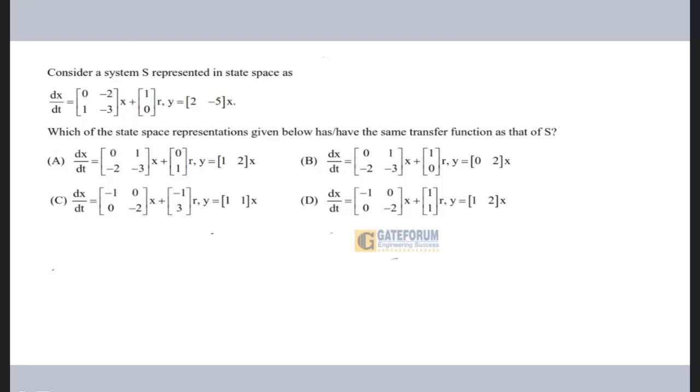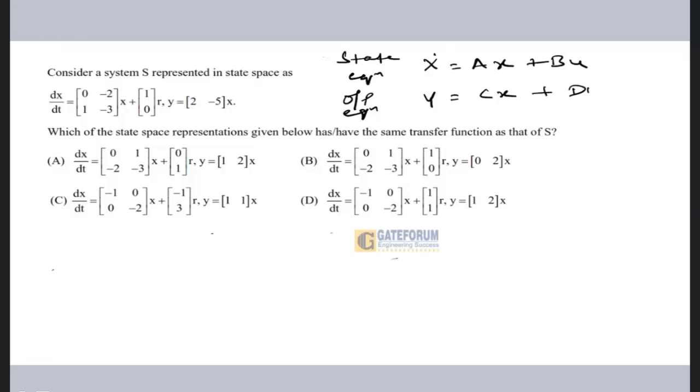You already know that the state equation is x dot equal to Ax plus Bu, and the output equation is y equal to Cx plus Du, right? Where A is the system matrix, B is the input matrix, C is the output matrix, and D is the transmission matrix.